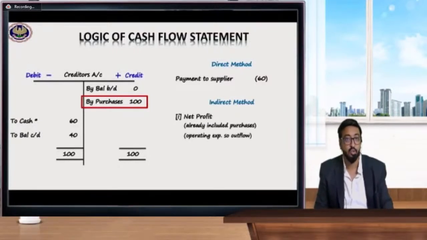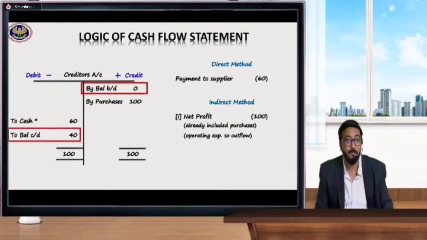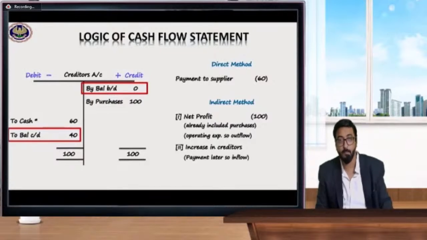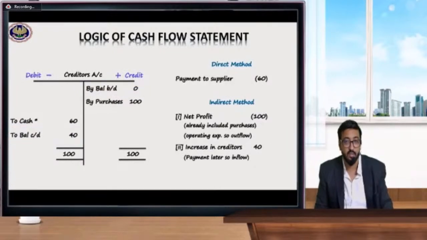So outflow of 100, and then the difference in opening and closing balance. Creditors are increasing or decreasing during the year? Increasing. So is it outflow or inflow? Inflow. Payment later, so inflow. And it is also showing 40 minus 0, 40. So net effect is 60.